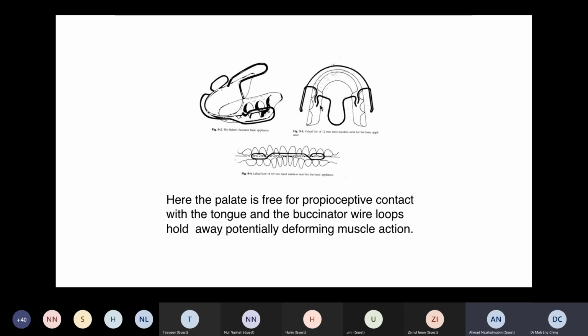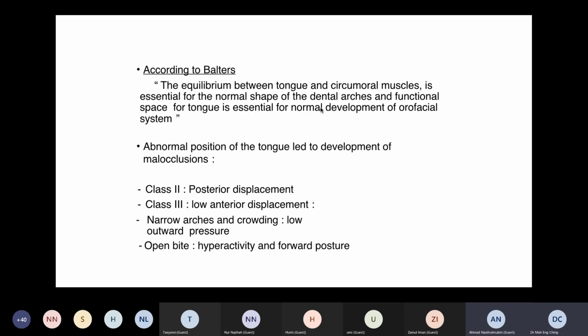On the lingual side or the palatal side, they have these loops. This loop will prevent the muscle from the tongue acting on the teeth. So you've got two components. If you take away the buccal and the palatal forces from the soft tissue of the muscle, then hopefully the teeth will develop in better positions.